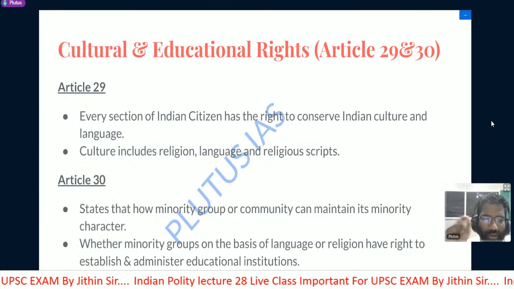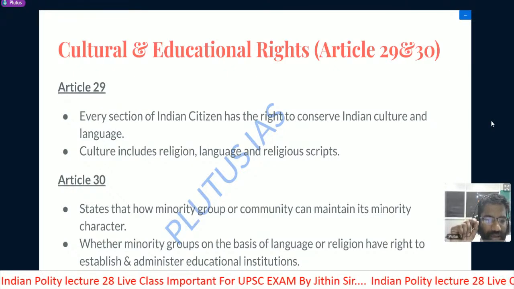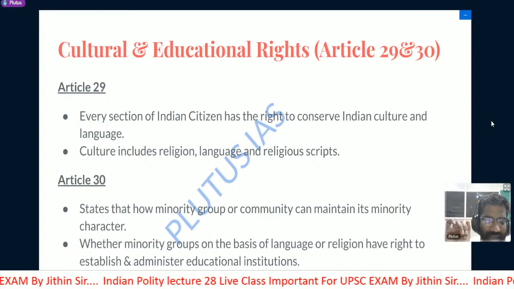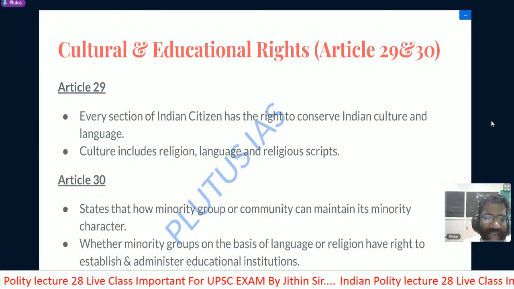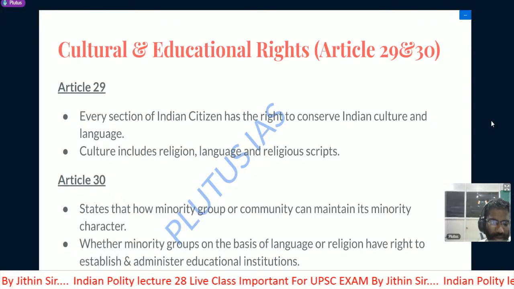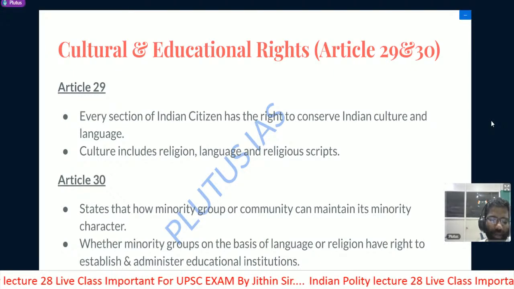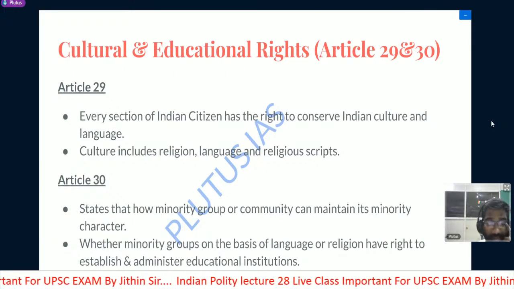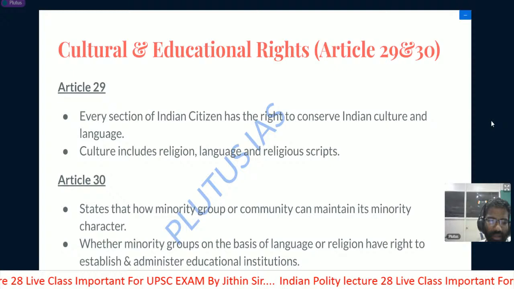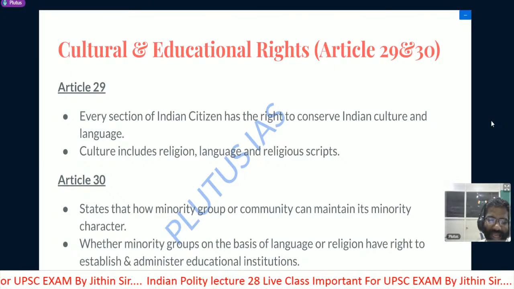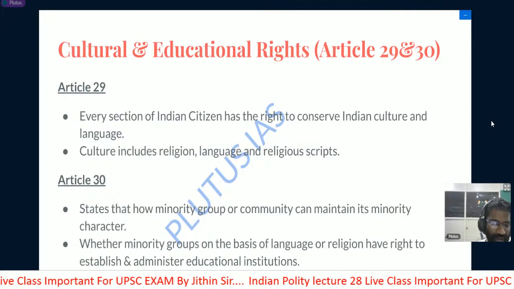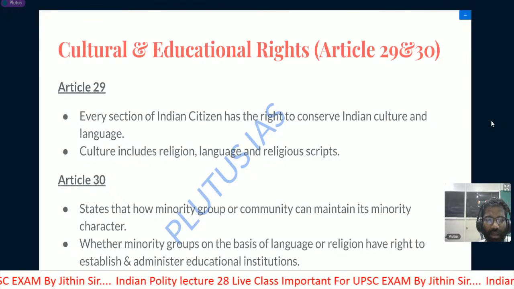Article 30 also states that if the government is granting aid to a particular educational institution, the government should not discriminate whether the educational institution is run by a minority group or not.